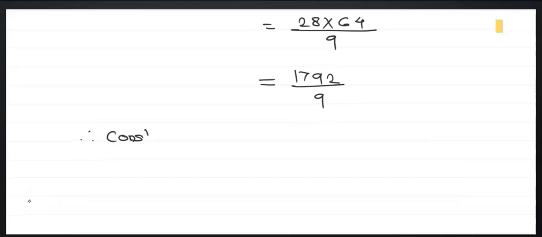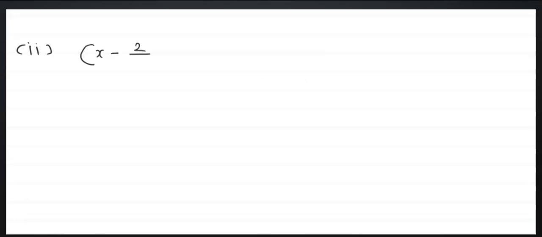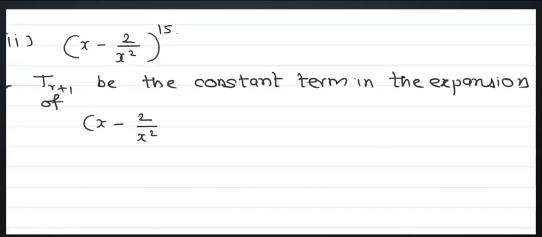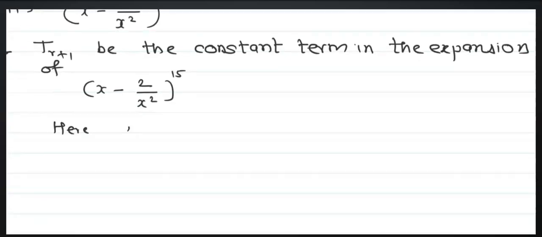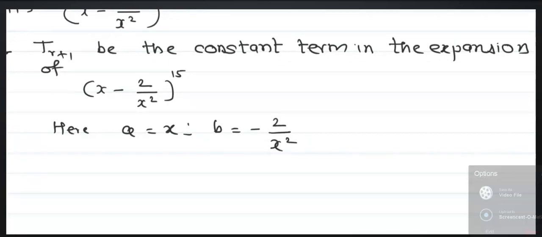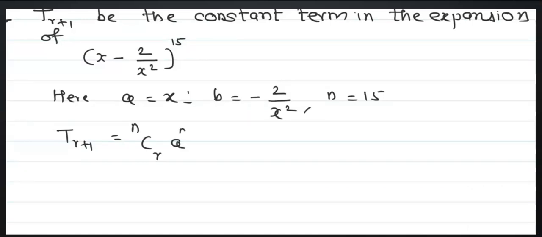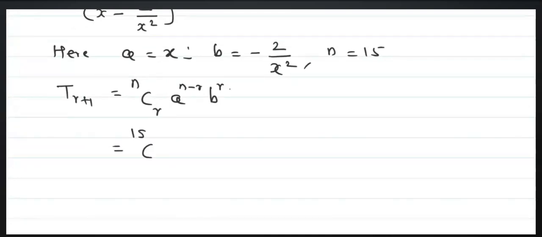Now, next. Second: (x minus 2/x^2)^15. Let T(r+1) be the constant term in the expansion of (x minus 2/x^2)^15. Here a equals x, b equals minus 2 upon x squared, n equals 15, and T(r+1) equals nCr a^(n minus r) b^r.